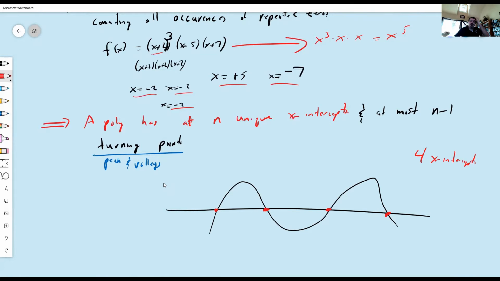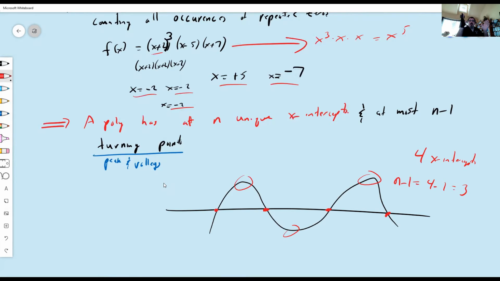Because I have 4 x-intercepts, between every x-intercept I have to turn around. So 1 turning point, 2 turning points, 3 turning points. So I can only have at most n minus 1. In this case it would be n minus 1, or 4 minus 1 gives you 3.